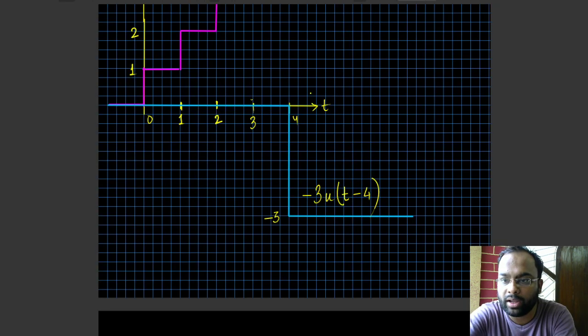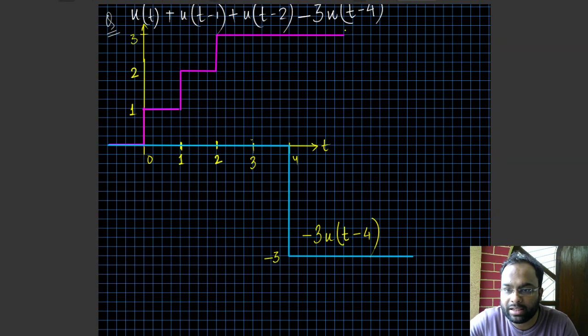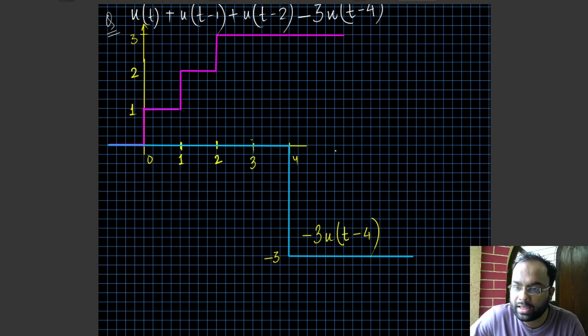And what we are doing is adding this signal, the one in cyan, with the one in pink. We are adding these two signals, right? I think you can follow, right?